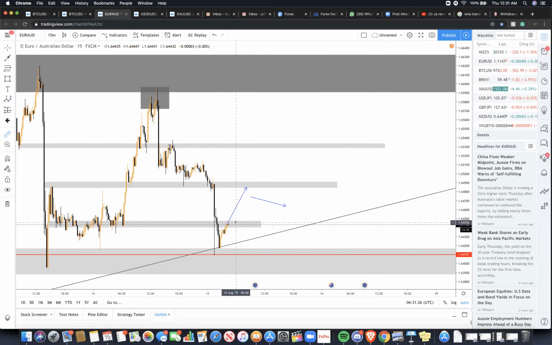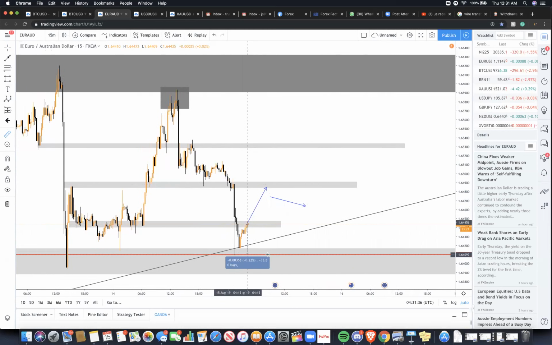What would be my stop loss? Well, I know that the market failed to break this zone here. So if this is my first take profit, then worst case scenario, this red line is my area where if the market breaks that price, I'm getting out of the trade. So in retrospect, for a potential 80 pip trade, 90 pip trade, I'm willing to risk 33 pips.